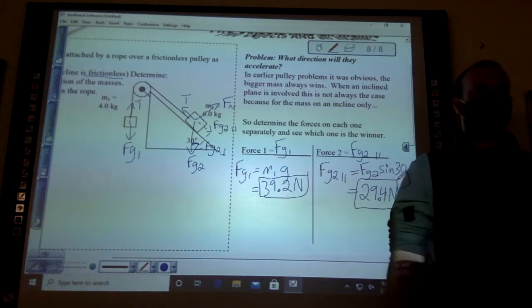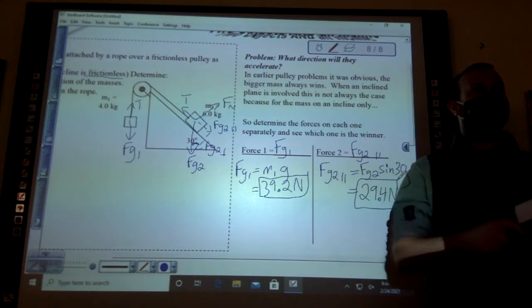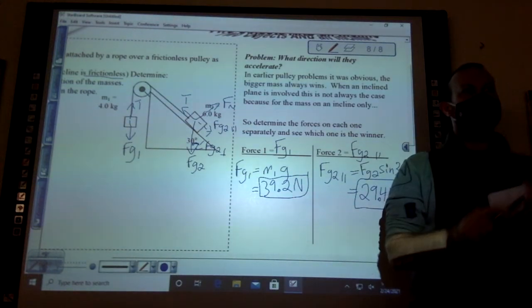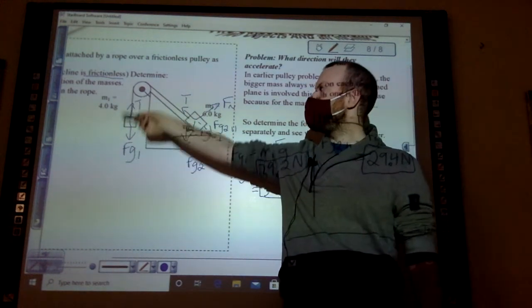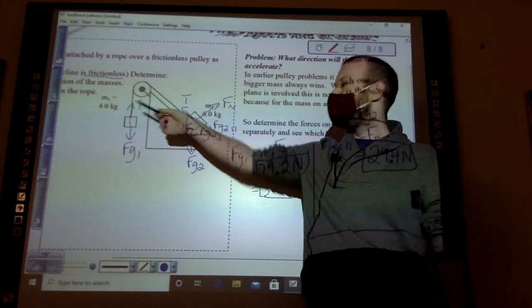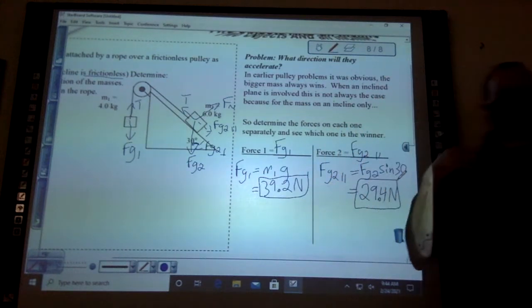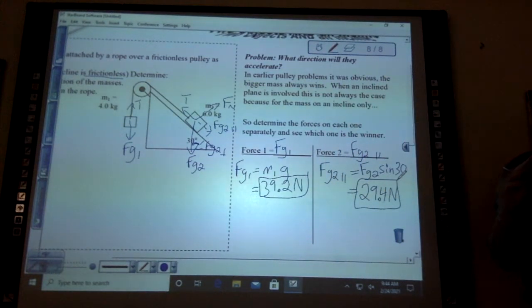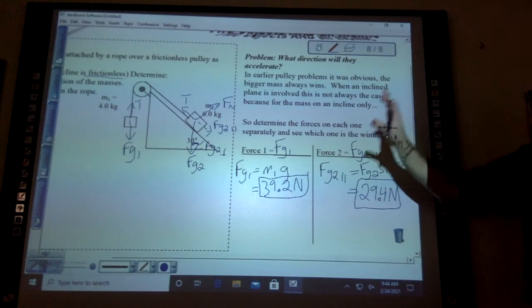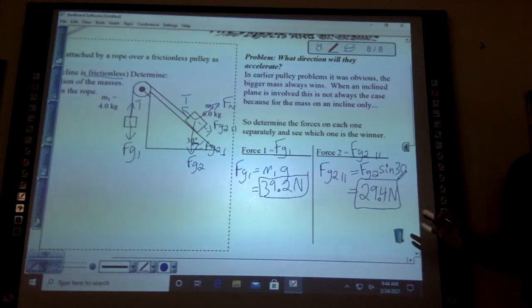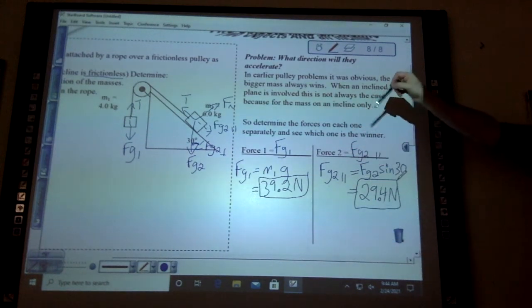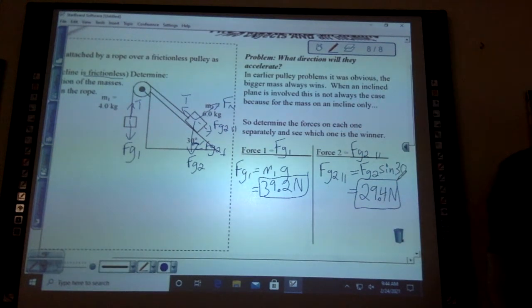But notice you can't say vertical is in the direction of motion or horizontal is in the direction of motion, because here vertical is in the direction of motion, and here vertical is only partially in the direction of motion. So I want you to throw out of your mind horizontal and vertical, throw out x and y, because that won't help you here. With the inclines, we're always talking about parallel and perpendicular. The angle's opposite side is always a parallel line.